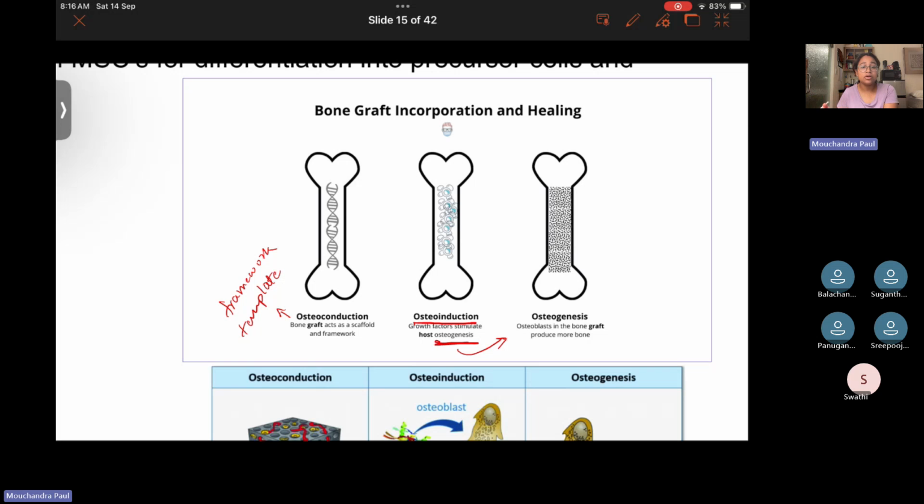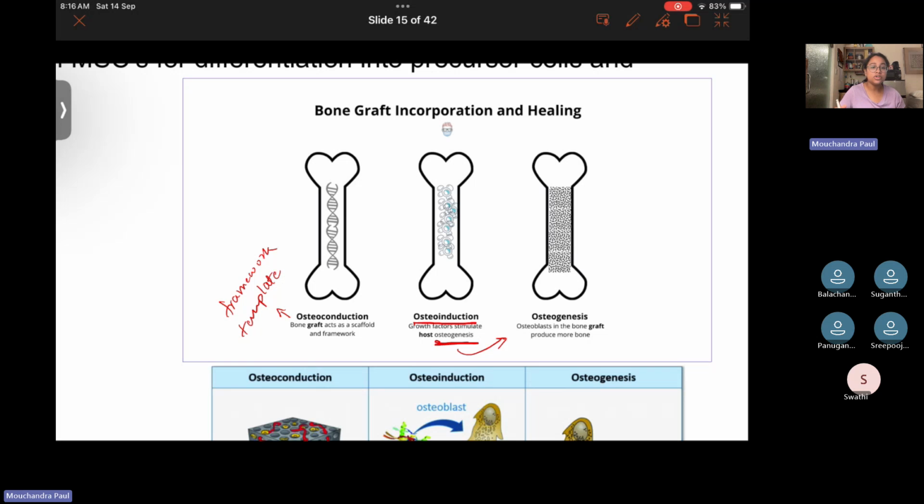If they are of stem cell origin, these stem cells will proliferate and give rise to more differentiated osteoblast cells and osteocyte cells. These cells will now help in secretion of bone matrix like collagen and hydroxyapatite, and more osteoblast cells will also help in formation of bone. The last step is osteogenesis.